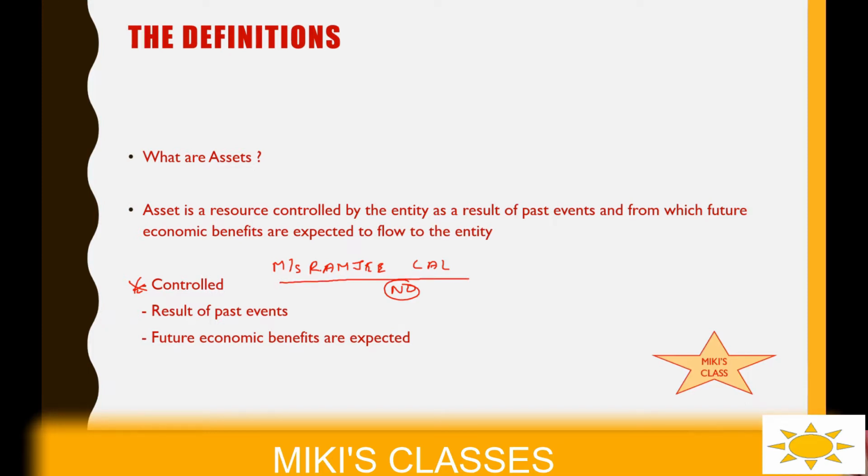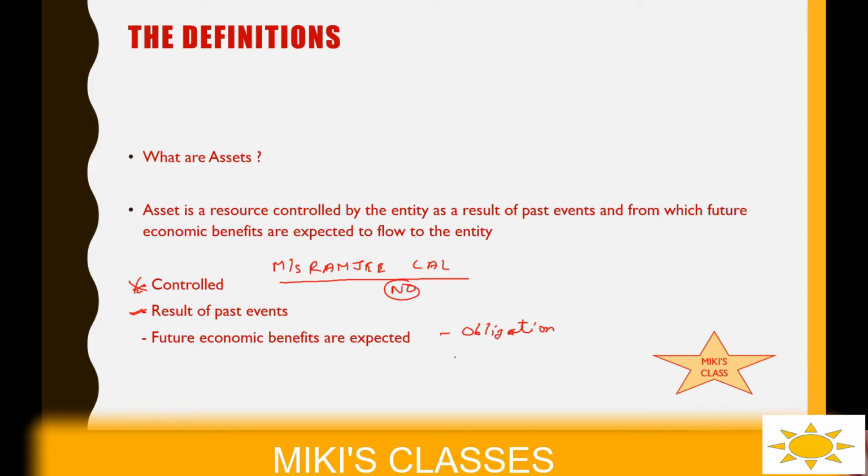But let's check for the other points also. Result of past events. What is the past event? Past event is that we have bought some plant and machinery from Ramji Lal, right? That is the past event. The second one might still hold. Future economic benefits are expected. Are we expecting any future economic benefits because of the fact that we owe money, because of the obligation?